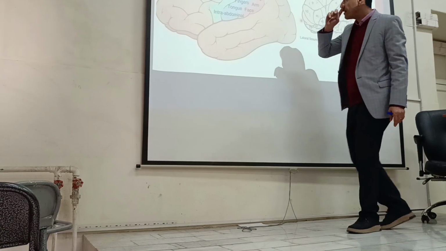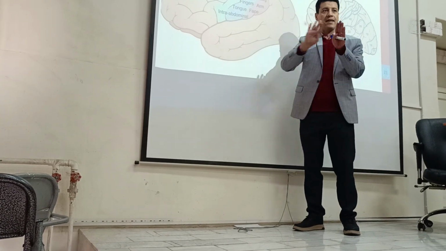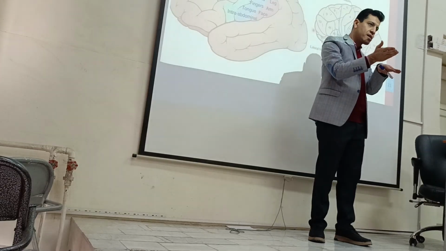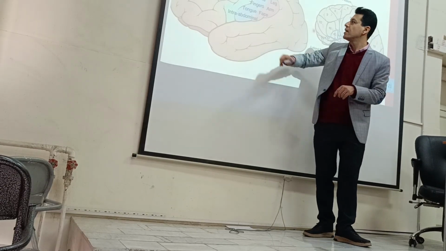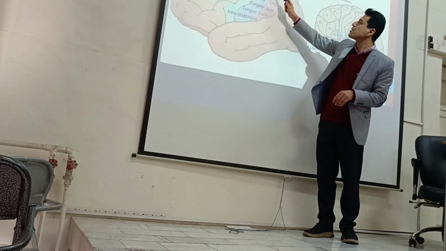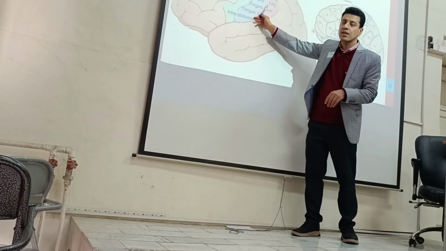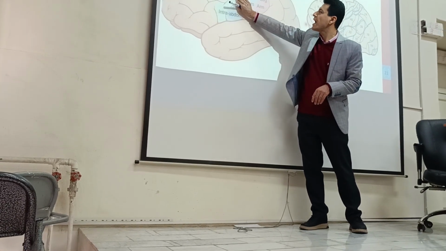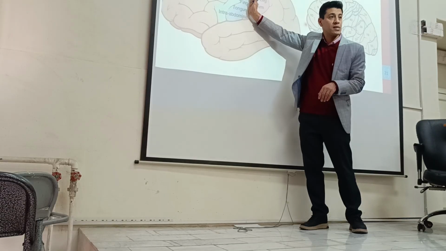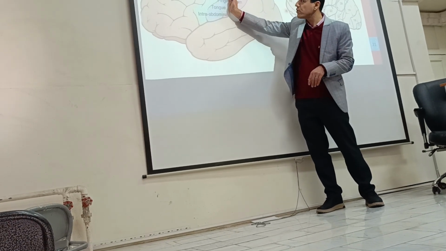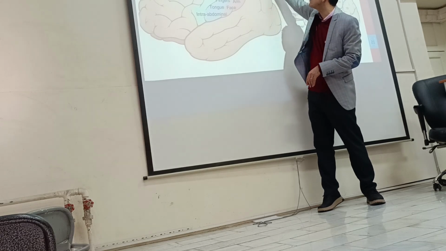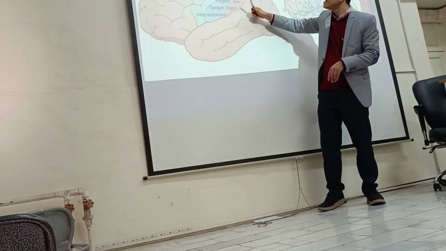It has a fold like this, which is called a gyrus. So we have the post-central gyrus. The central fissure is here, and we have the post-central gyrus here. In the post-central gyrus, we have somatosensory area 1.